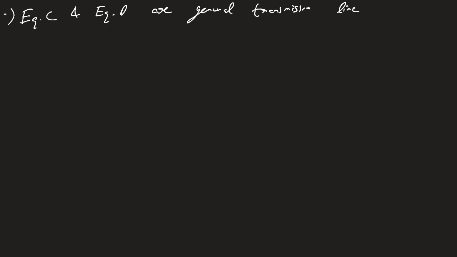So equations C and D are general transmission line wave equations for a lossy transmission line.